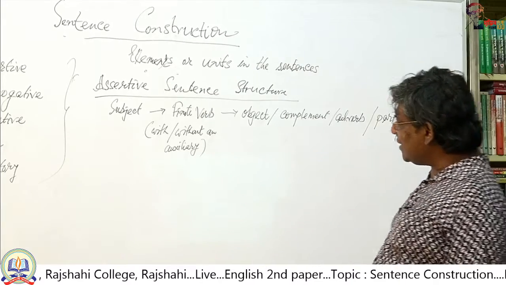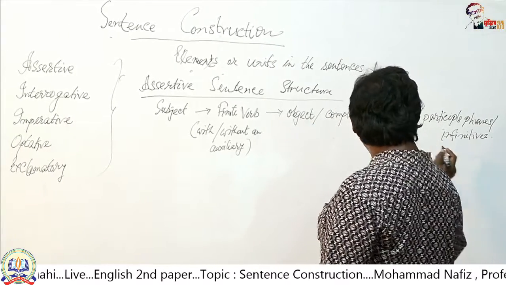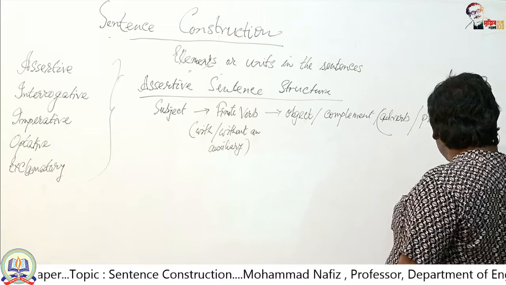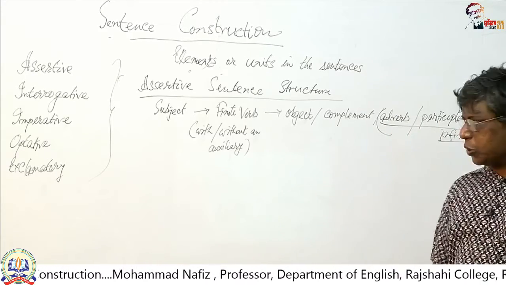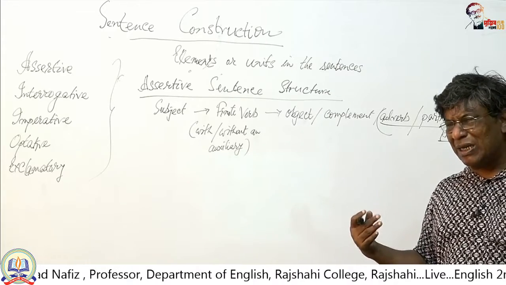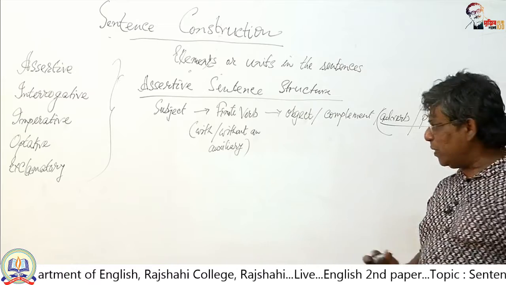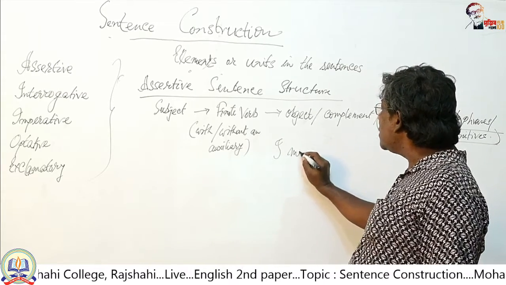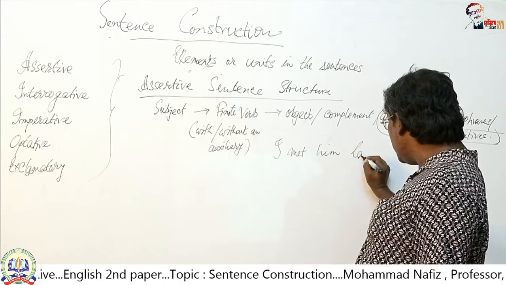One important thing is that in an assertive sentence, only adverbs, present participles and infinitives can be used either at the beginning of the clause or the sentence, or they can be used after the object or the complement. For example, I met him last night.